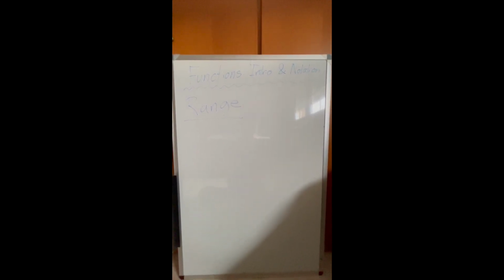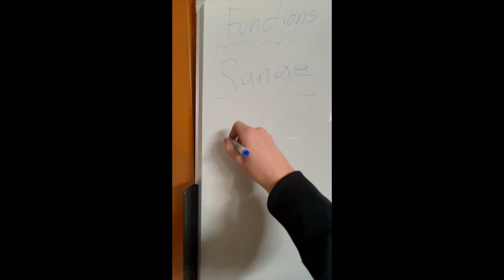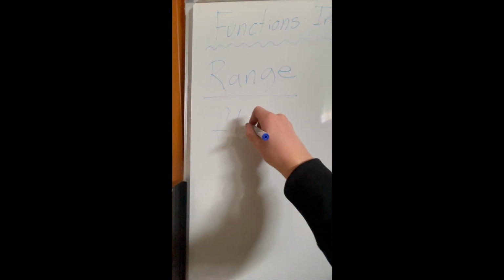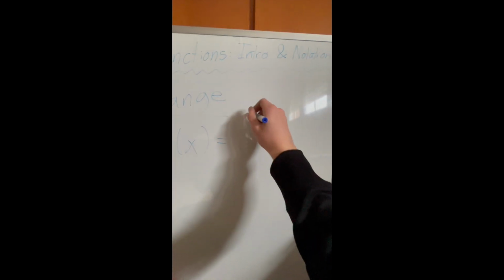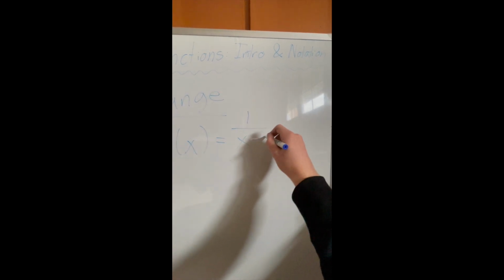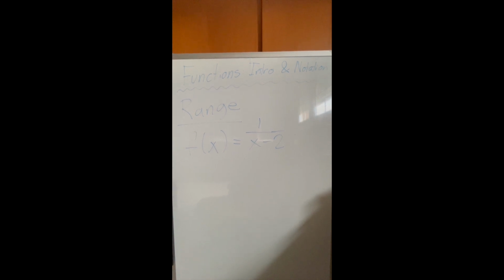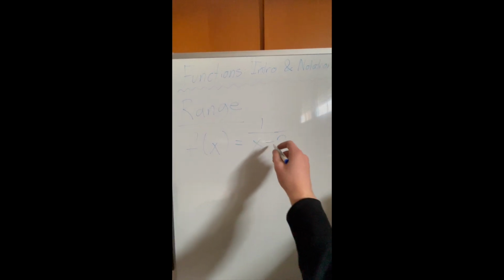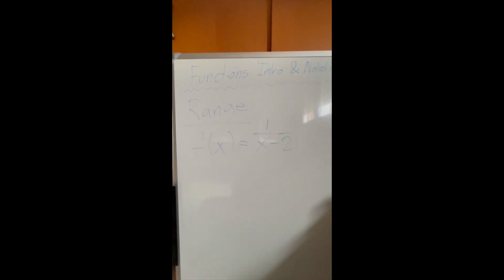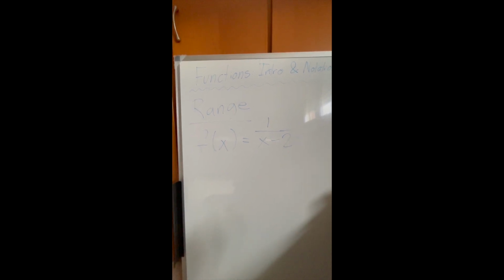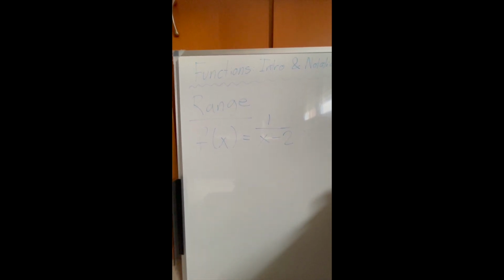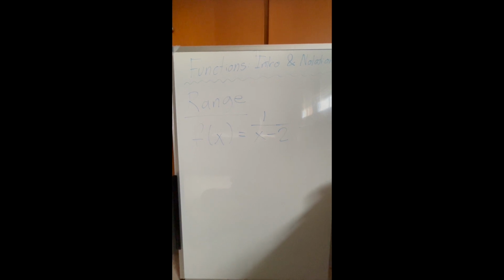So let's look at an example so it is easier to understand. If we have f of x is equal to 1 over x minus 2, we have seen before that the domain of this would be all real numbers except for 2, as 2 minus 2 is 0, and we cannot have a 0 in the denominator. But also, the range cannot be 0.